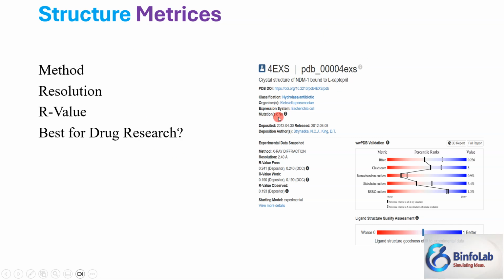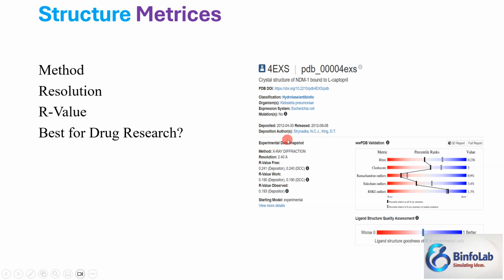So it's better to understand whether the structure you are interested in downloading contains any mutation. If yes, what are those mutations? And the structure deposition date, I think that is okay. And who deposited the structure is also not important.